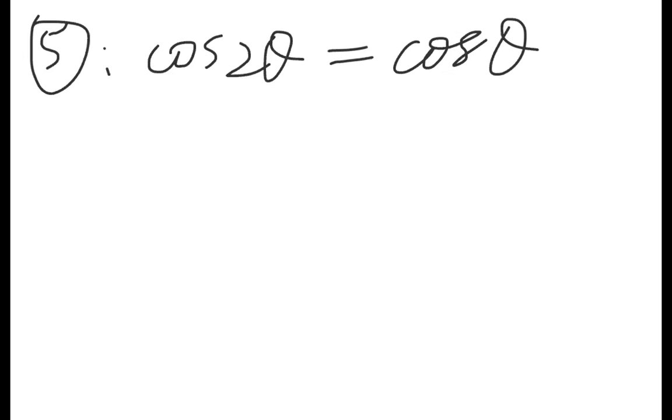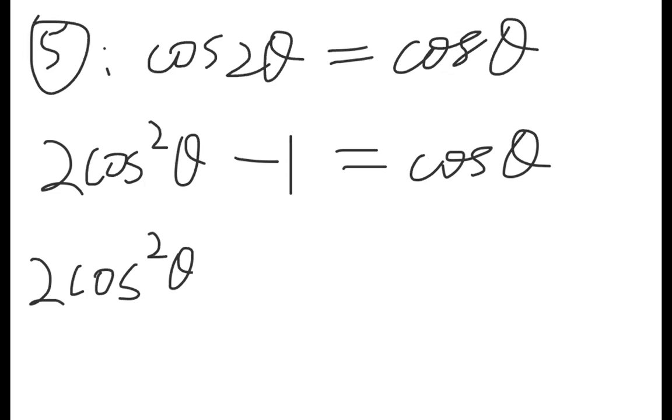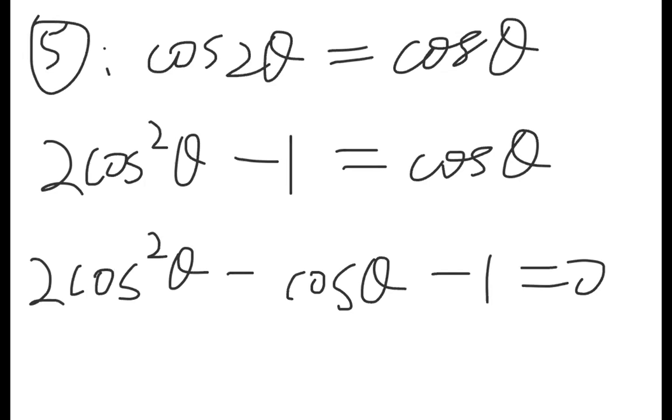Right? So cosine of 2 theta, use the double angle formula, is 2 cosine square of theta minus 1. Right? And then move everything to the left, you have 2 cosine square theta minus cosine theta minus 1 equal to 0. Again, this is a trig function with high powers.